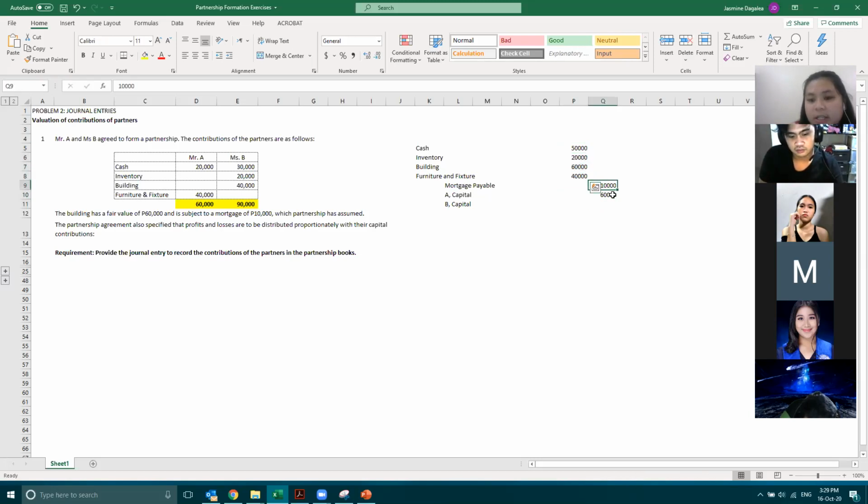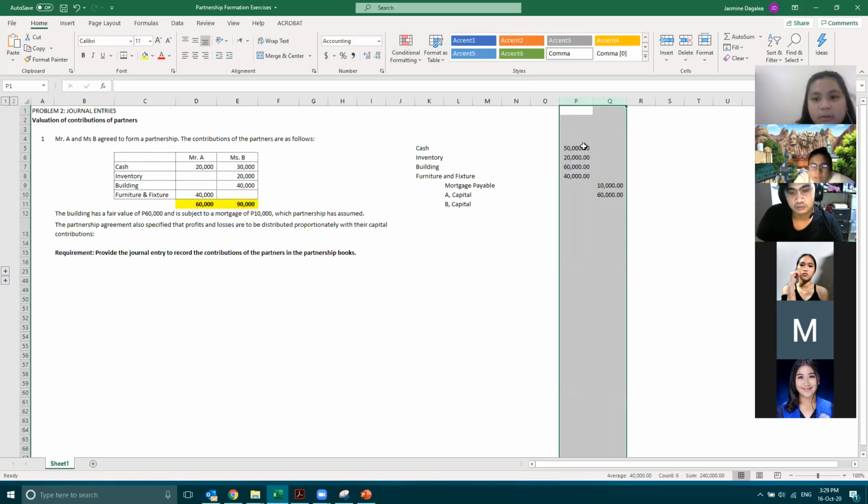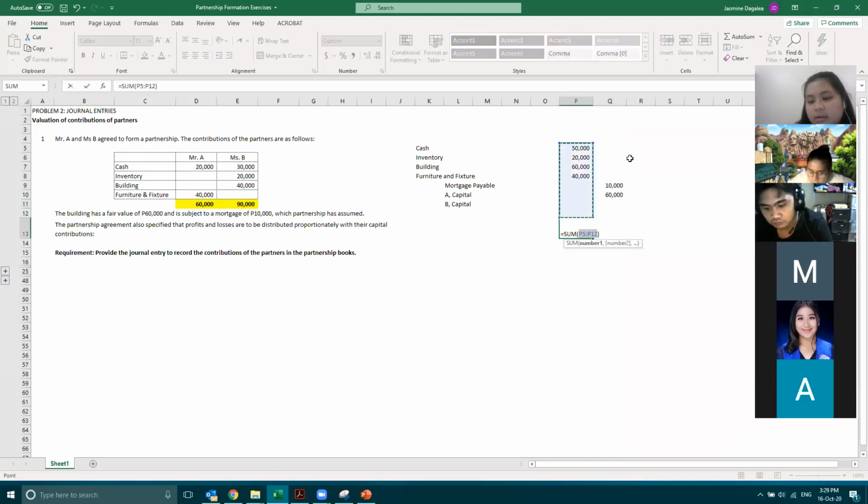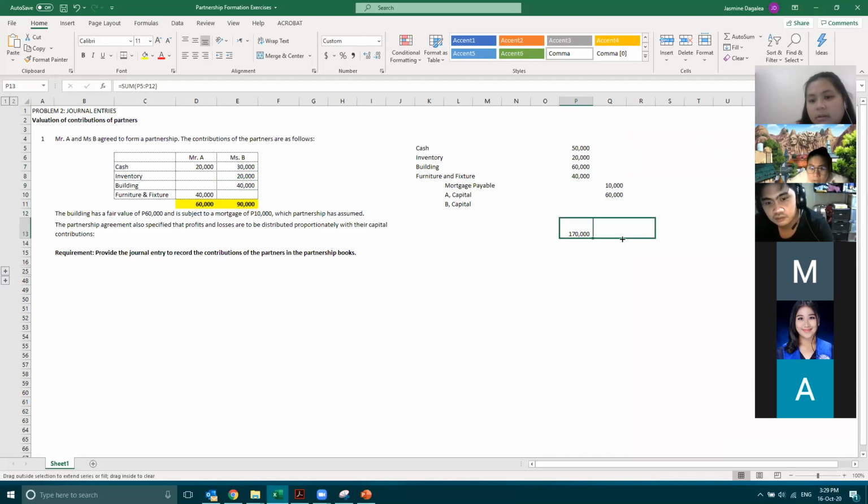Ito, 170,000 ang debits. Di ba yung credit sa partner is the net contribution? Kulang ito ng 10,000, yung building. 100K lang, para balance yung debits and credits nyo.